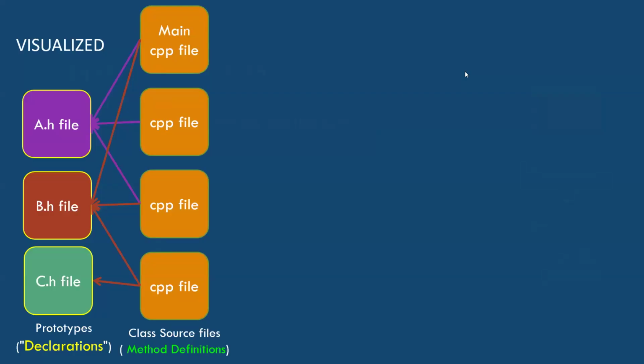So let's take a look at a not even very complicated situation. I'm going to get rid of this here altogether. So here I have my main file where I want to create an instance of an A class. So I'm going to at least have to include the .h in the main file because the compiler won't know what A is as a class. But I also have an A.cpp file that needs to include that, right? And the main wants to include B, etc. And we'll see this over and over.